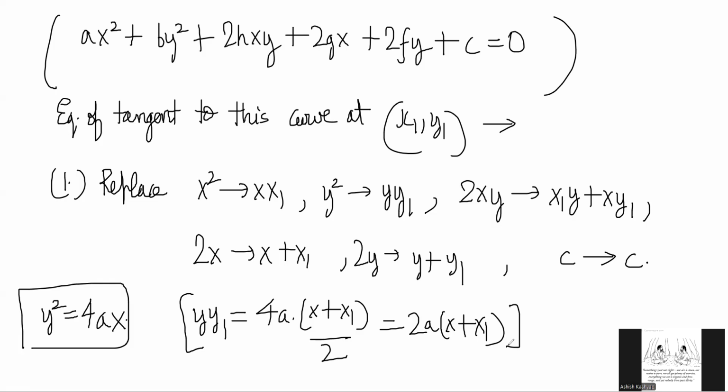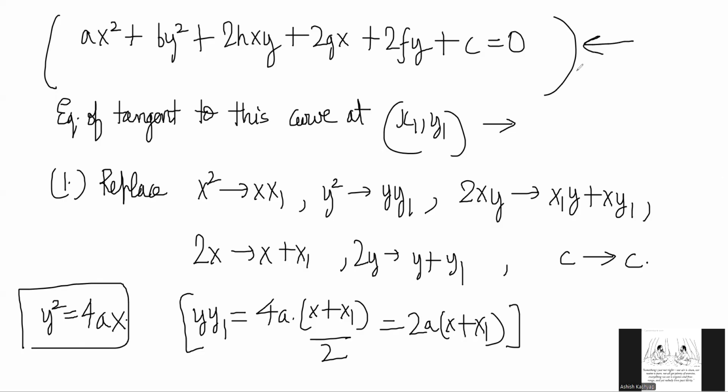So one method was to take the equation of the chord and bring the 2 points of the chord close to each other. The second method was the calculus method, finding the derivative, the slope, and the equation of the tangent line from there. The third method is the standard replacement method.